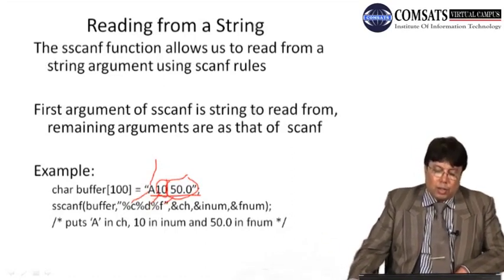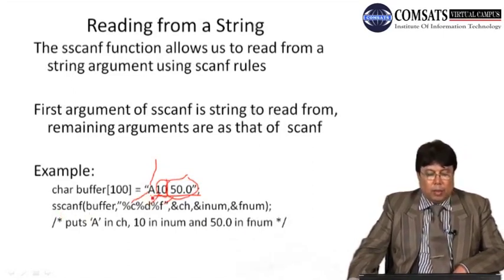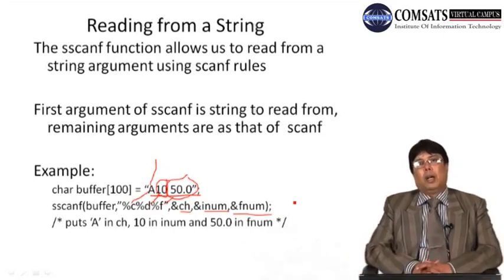So within a given string we can read the data, and this data we can read and place it from the already placed string. We can read it और हम इसको isolate करते हैं. खाली isolate नहीं हो जाएगा, but in future you can use ch, that will have a. You can use inum, that will have 10 as an integer, and fnum, that will contain a floating point number.